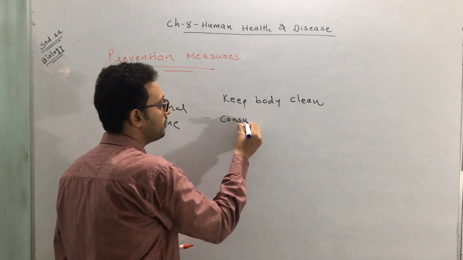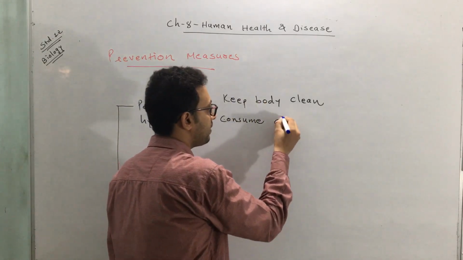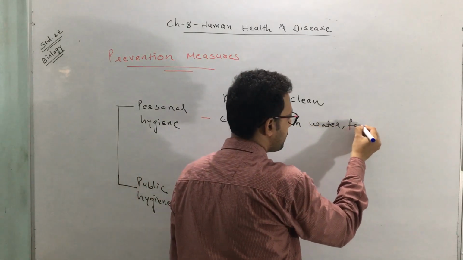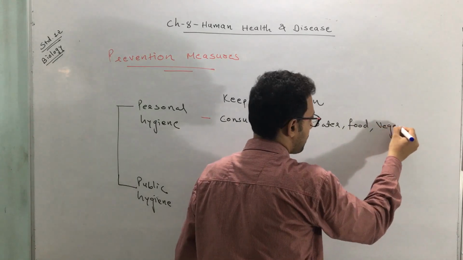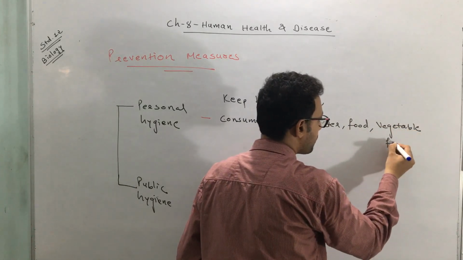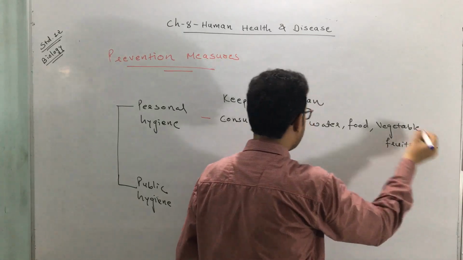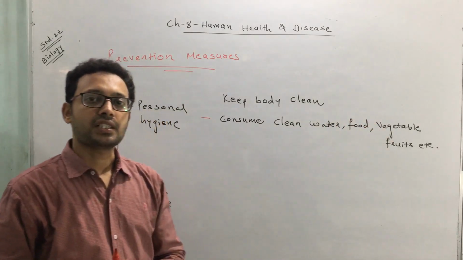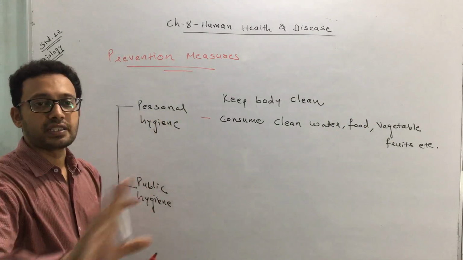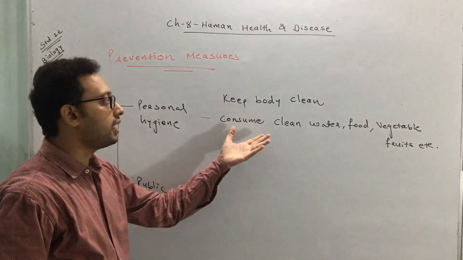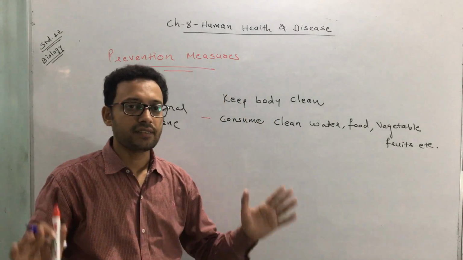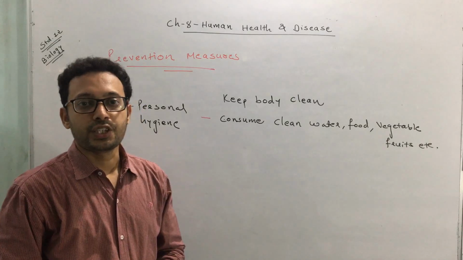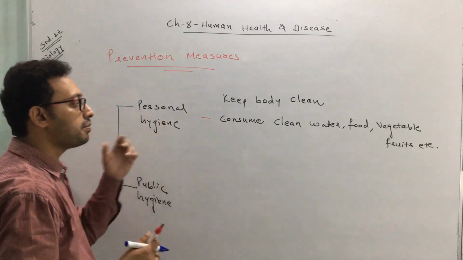Next, consume clean and fresh water, food, vegetables, fruits, etc. Clean, healthy, nutritious, fresh fruit, water, food, vegetables and fruits, etc. you have to take, and your personal hygiene is going to be maintained. So how can you maintain your personal hygiene? Keep your body clean and neat, and consume clean water, food, vegetables, fruits, etc. And thus you can maintain personal hygiene.